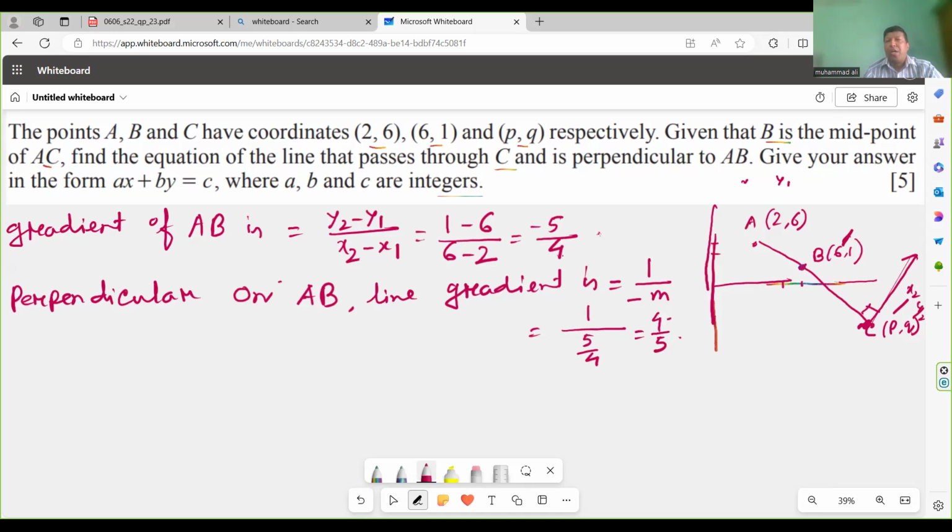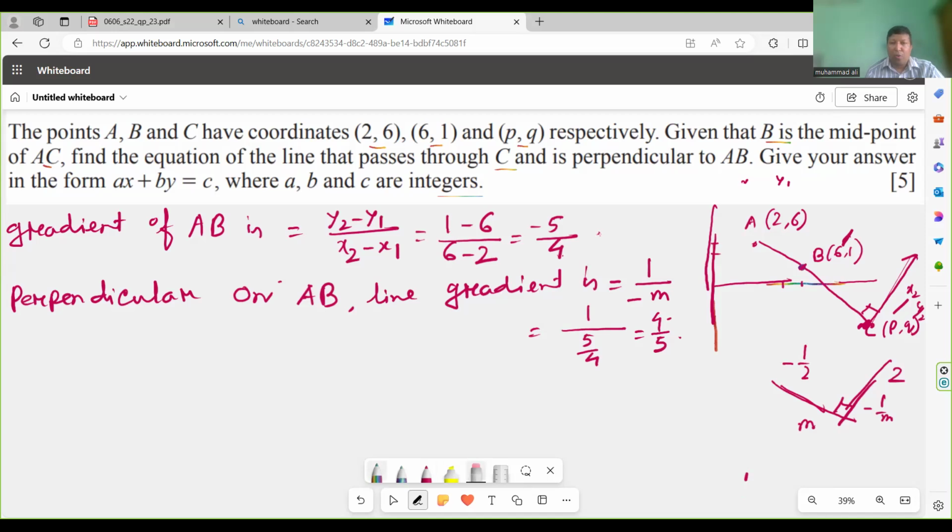The product of both gradients will be -1. If one line's gradient is m, the perpendicular line's gradient will be -1/m, and m multiplied by -1/m gives -1. For example, if one gradient is -1/2, its perpendicular gradient will definitely be 2, because -1/2 multiplied by 2 gives -1. In this way, you can remember the gradient. So the perpendicular line gradient is 4/5.